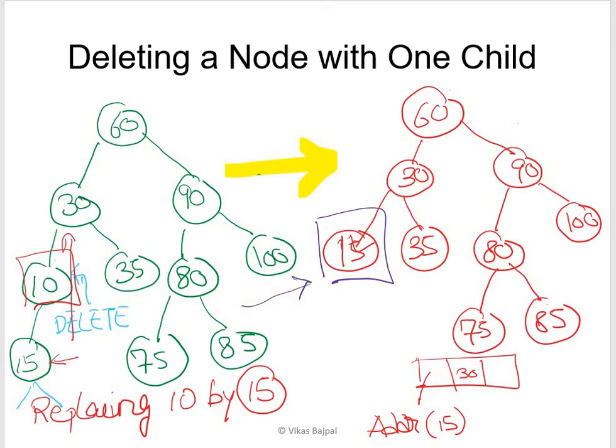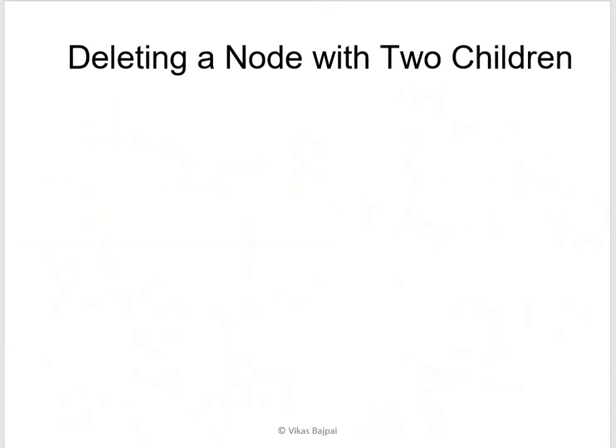Now a bit tricky, just because of having some properties associated with a binary tree. Now we are going to go ahead with deleting a node with 2 children. Right, deleting a node with 2 children. So let's see this example.